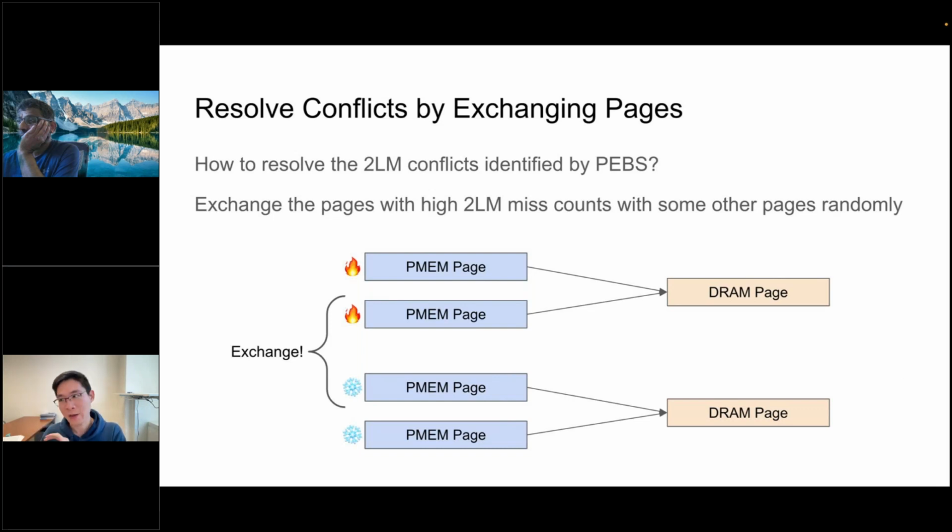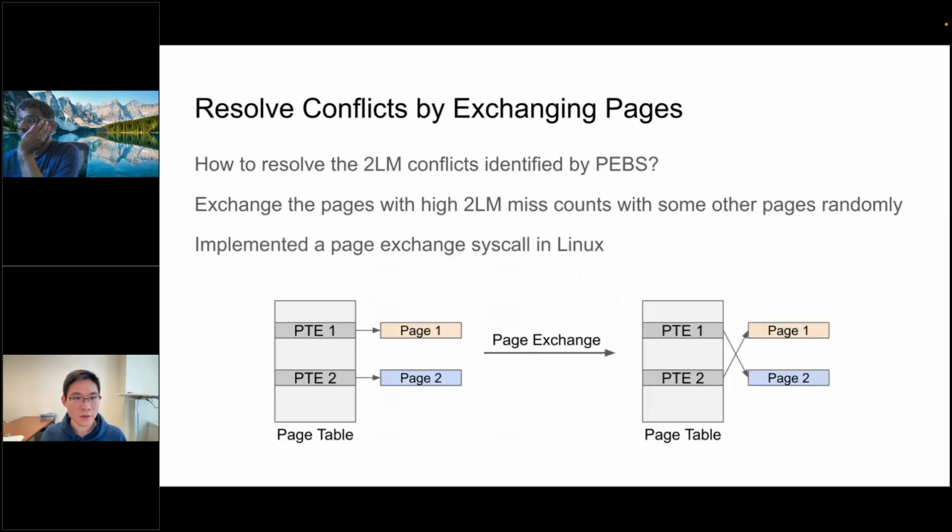In that case, we might be able to significantly reduce the number of 2LM conflicts. To do that, we implemented a page exchange syscall. Basically, that allows us to exchange the physical page frames of two virtual pages.